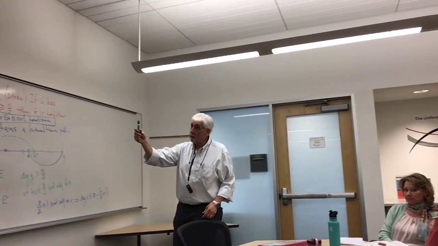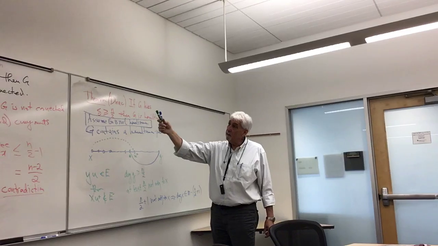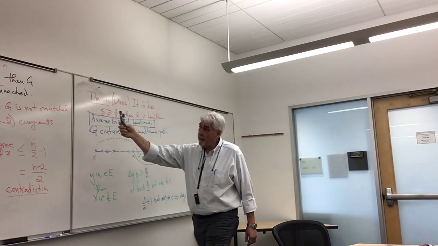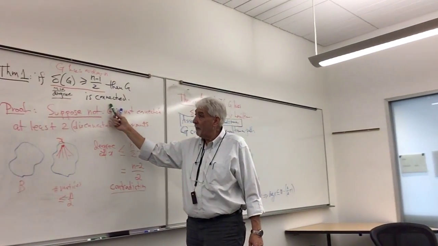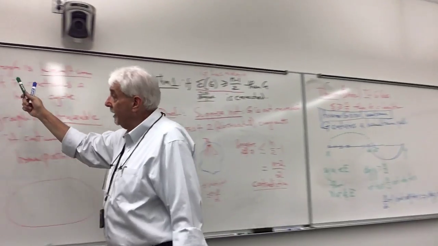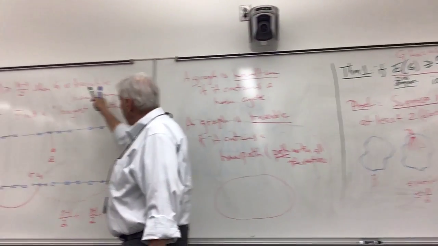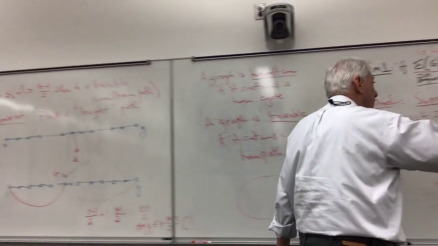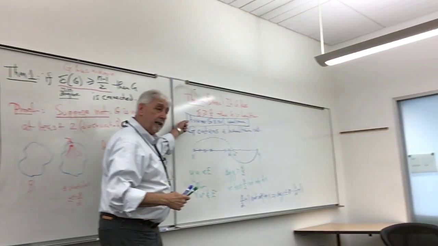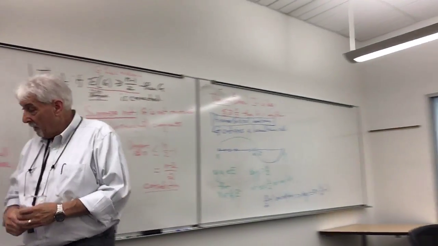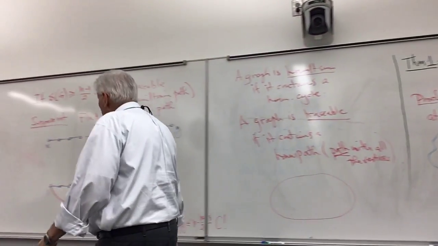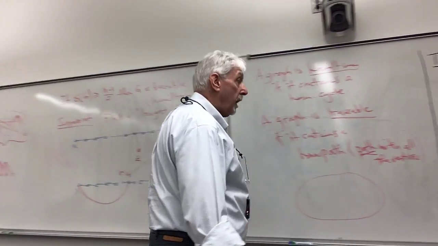Okay, so I want to mention one more thing. So I've got a degree condition that implies connectivity. I have a degree condition that implies traceability. I have a degree condition that implies that the graph is Hamiltonian. So one more. I'm not going to prove it.